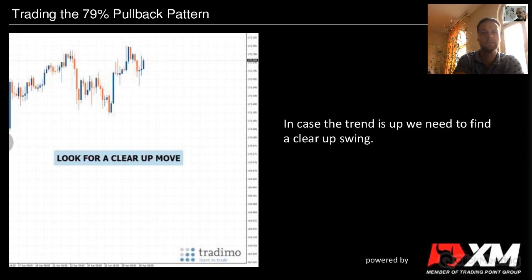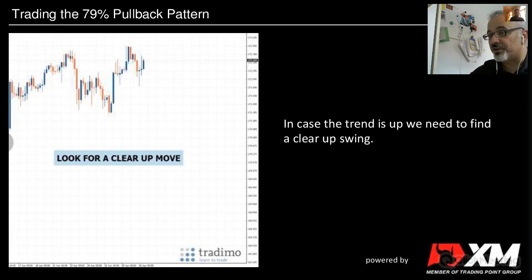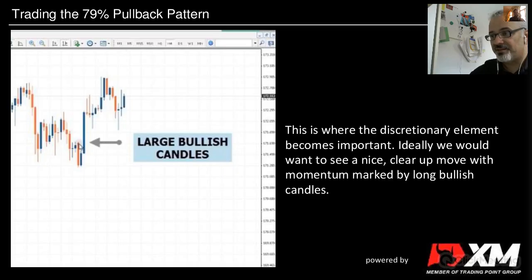And then for the next step, we have to look for a clear up move. In case the trend is up, we need to find a clear upswing. This is where the discretionary element becomes important. Ideally, we would want to see a nice clear up move with momentum marked by long bullish candles. Absolutely right.